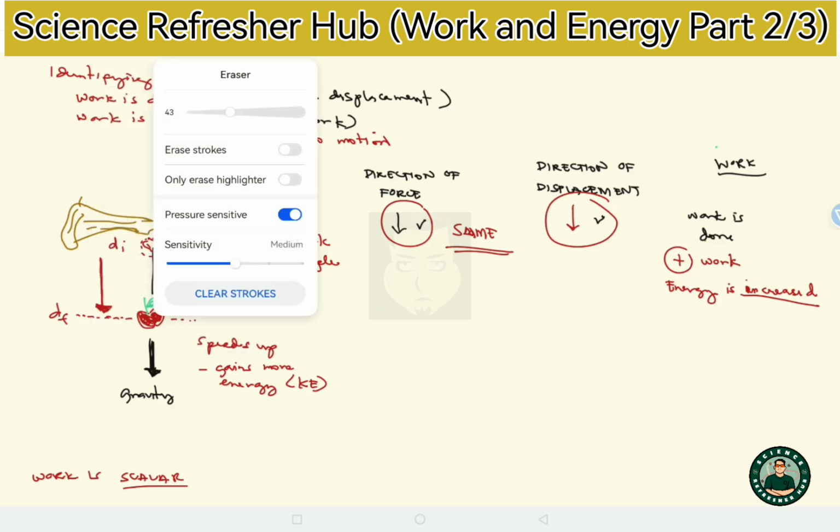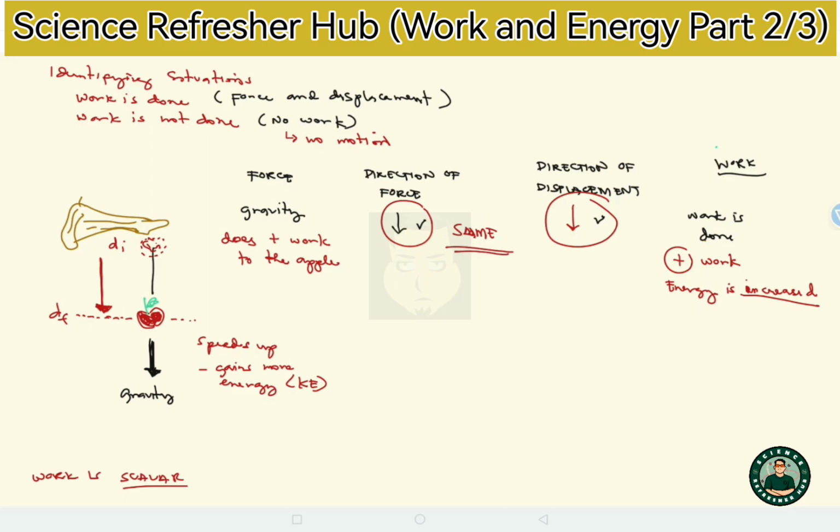So now we will have another sample here. What if we have a system here: a ball is thrown upward. Okay, so now the ball is thrown upward by a certain force.